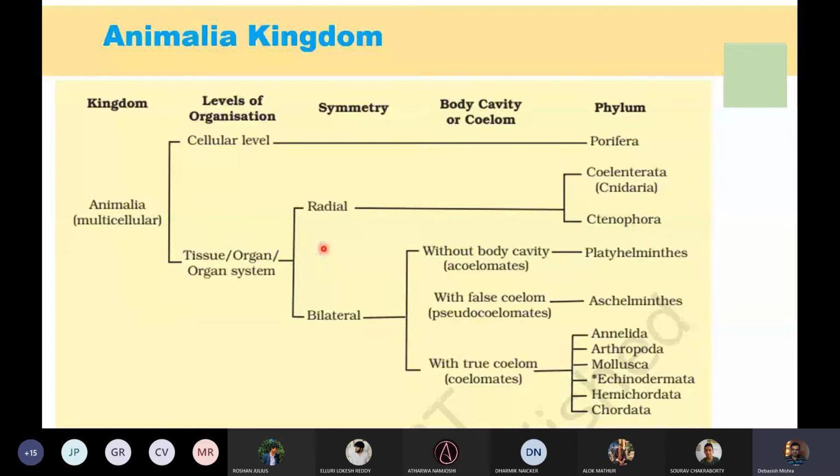So the true body cavity starts from the earthworm onwards, but other than that, flatworms are without a body cavity and roundworms have false body cavities.